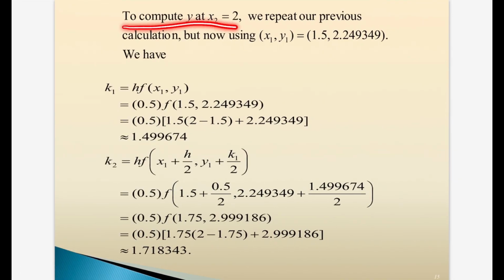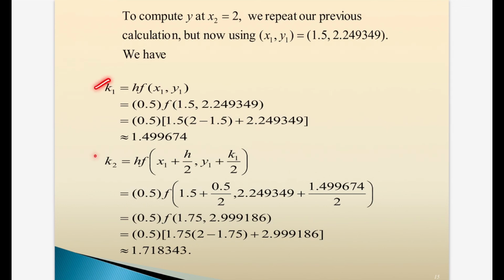To compute y at x2 equal to 2, we repeat our previous calculation, but now using this value (x1, y1). Just now we used (x0, y0), right? So now we will use this value (x1, y1).